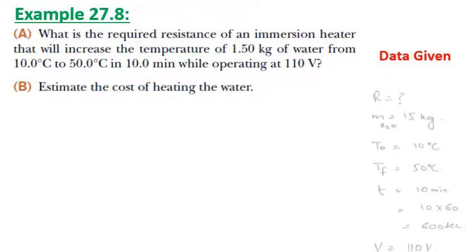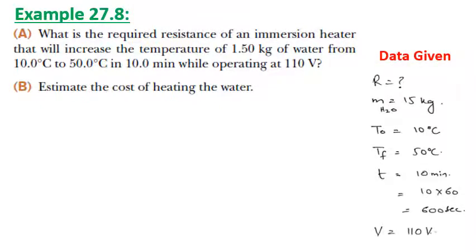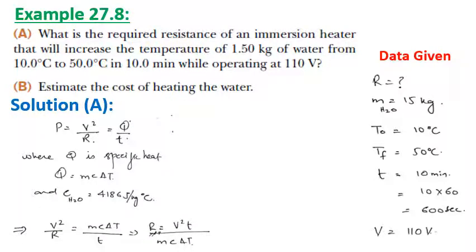So the given data is R, mass of water, and initial temperature, final temperature, time is given in 10 minutes, so we will convert these minutes into seconds. So we have 600 seconds and the voltage is 110 volts. The solution for A will be to calculate power.